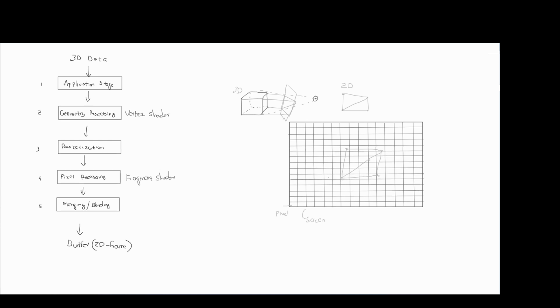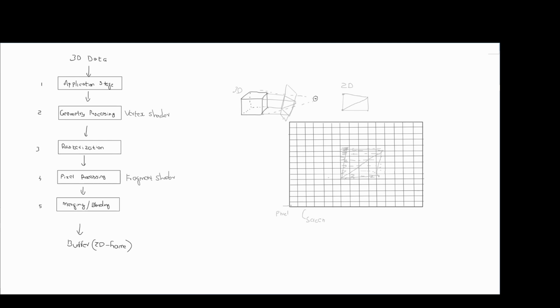Then we draw lines between these coordinates. And applying some rasterization algorithms, we try to fill each pixel. So we fill this pixel, this pixel, this pixel, and every time we fill a pixel, we will get a 2D shape. This process is called rasterization.